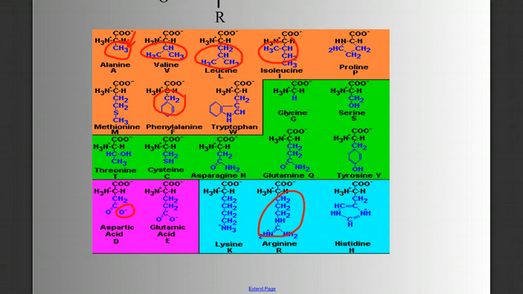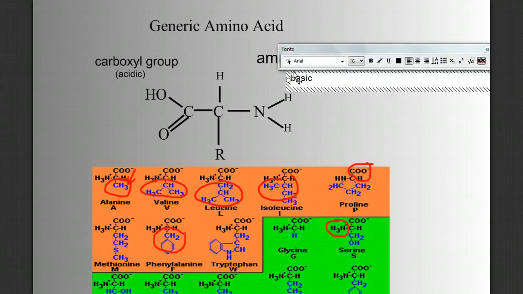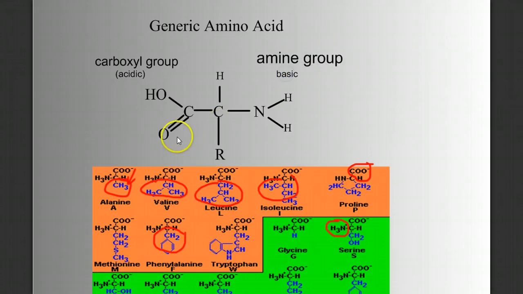The other thing you'll notice in these drawings is that they have their carboxyl group drawn a little different, and they have their amine group drawn a little different. So let's address that real quick. You may recall from our functional group video that carboxyl groups are acidic, but amine groups are basic. So we know that acids like to give away hydrogen, or H plus, a proton, and bases like to pick those protons up.